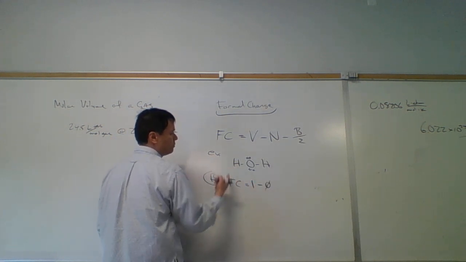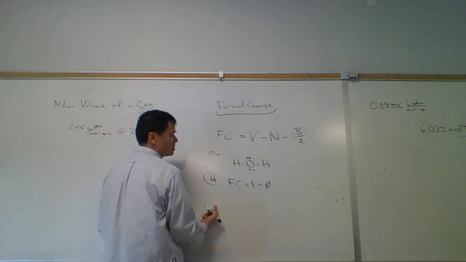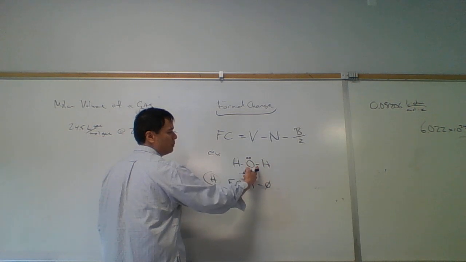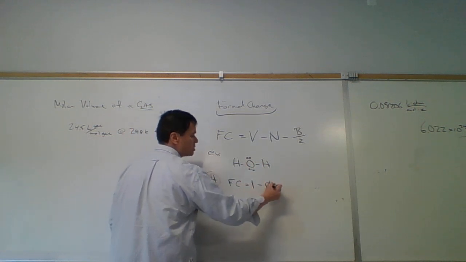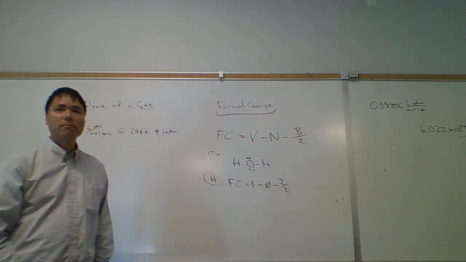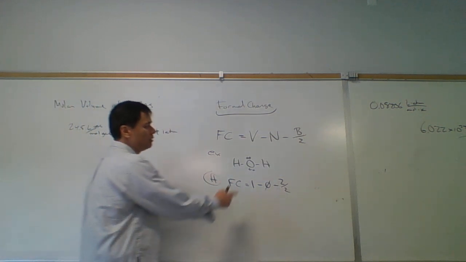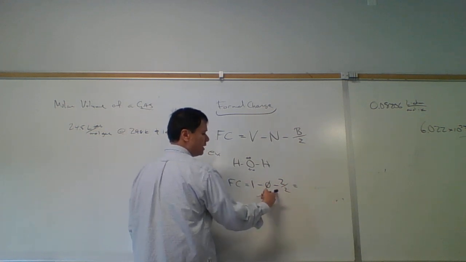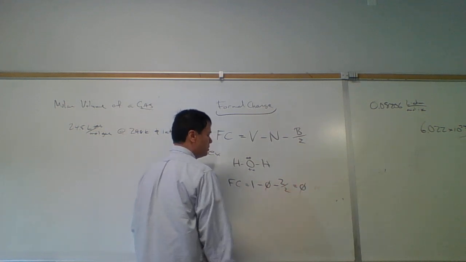Zero. How many bonding electrons does hydrogen have? Well, there are two electrons in the bond, and so we go 2 divided by 2, which is 1. So technically, out of those 2, only 1 belonged to it. And so the formal charge is going to be 1 minus 1 is 0.